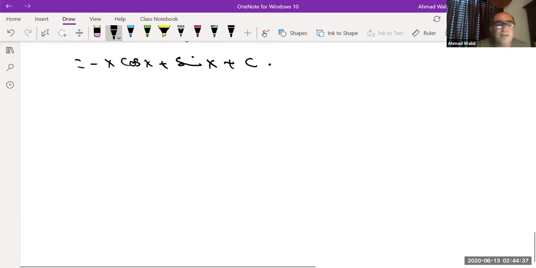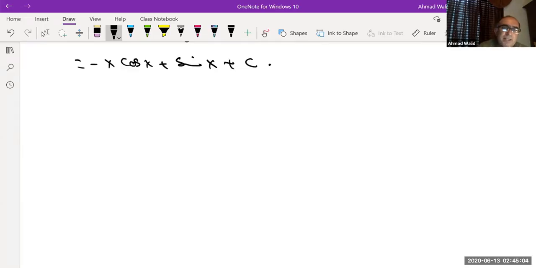Correct? Now, what if you have a definite integral? For definite integral, let me put a formula. I don't need to prove it again.